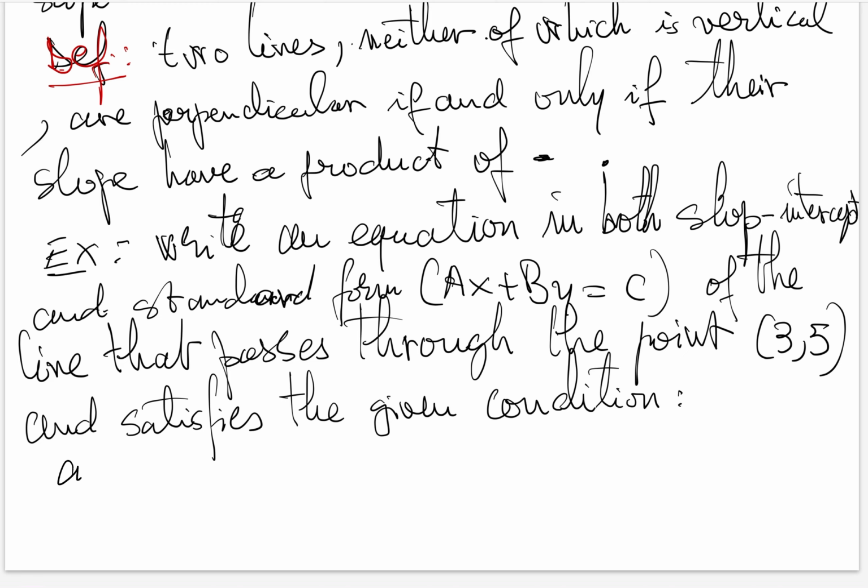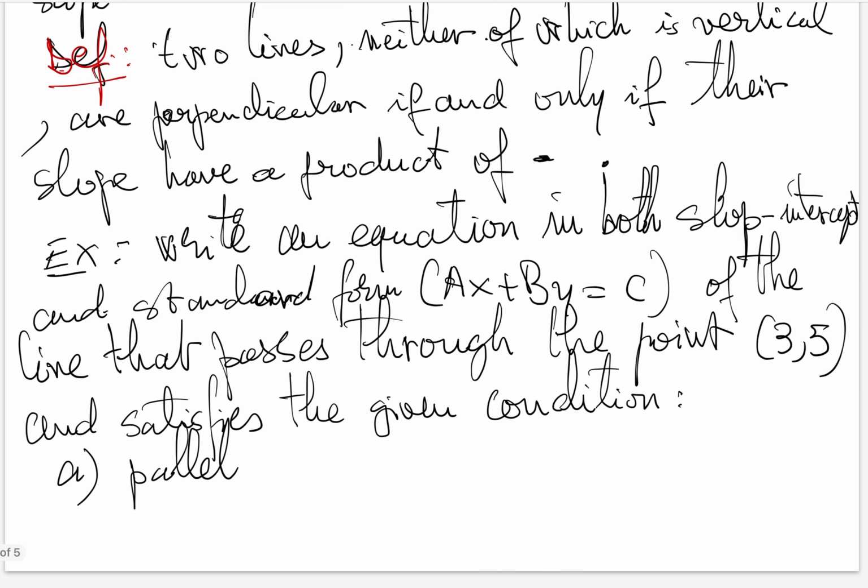So you have A, parallel to the line 2x plus 5y is equal to 4.